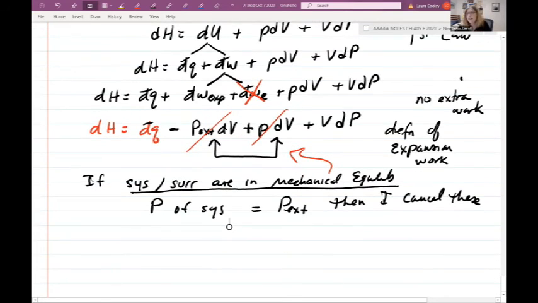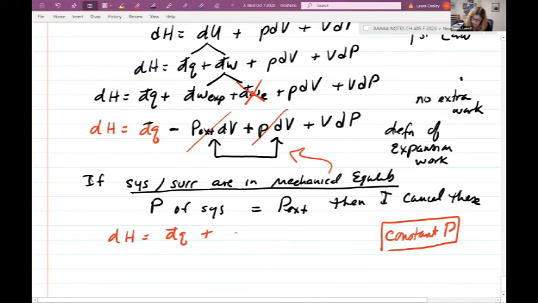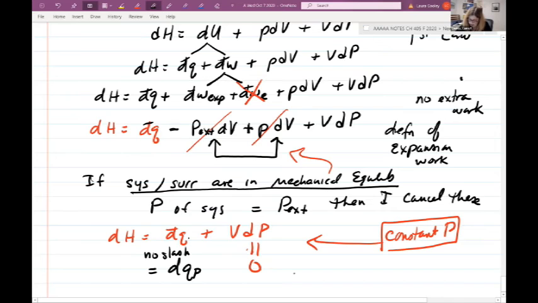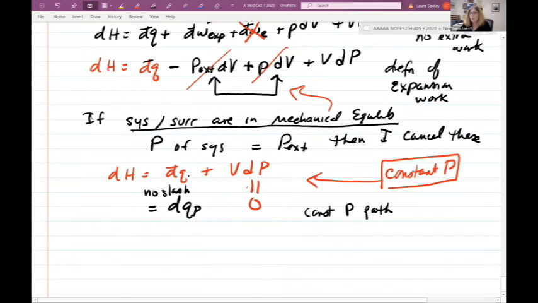And now I have one more thing to say. Constant pressure. So I have dH equals dq plus V dP, and now I specify constant pressure. dP, the change in pressure, is 0 if it's constant pressure. I get to put a P here and take off the slash because I've specified a constant pressure path. You try to say that: constant pressure path. So we have dH equals dq_P.